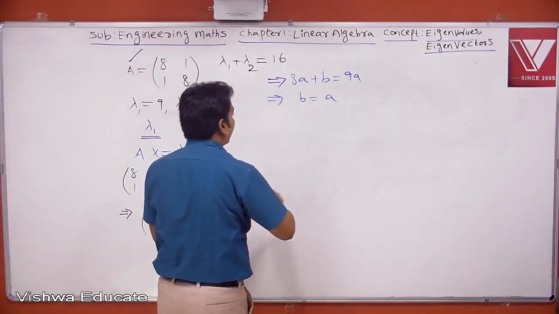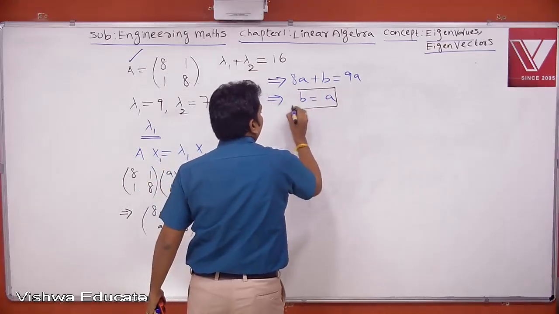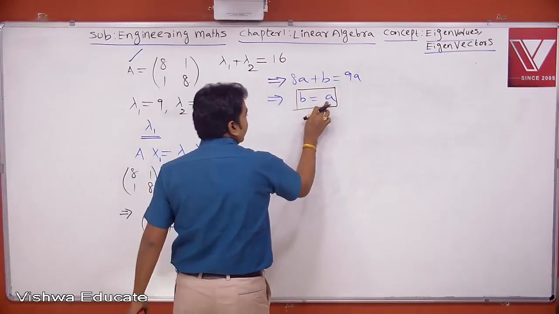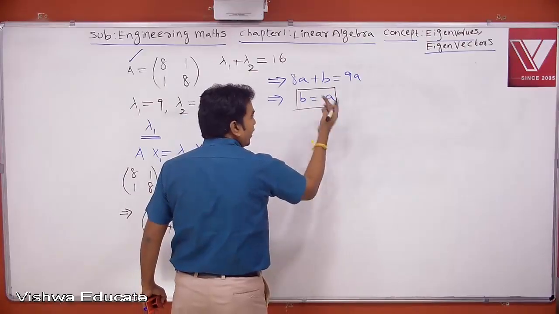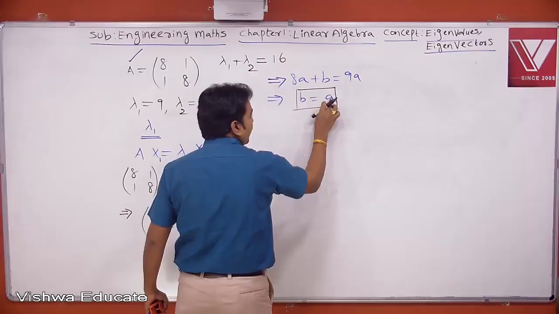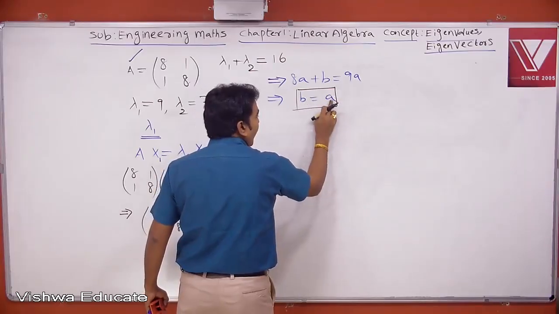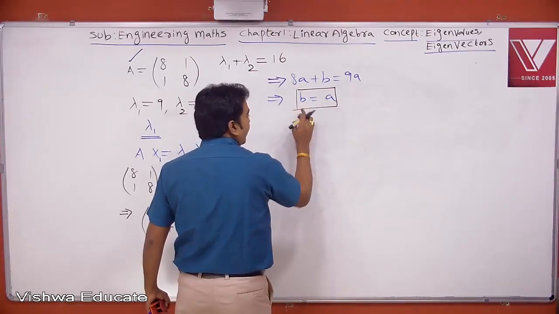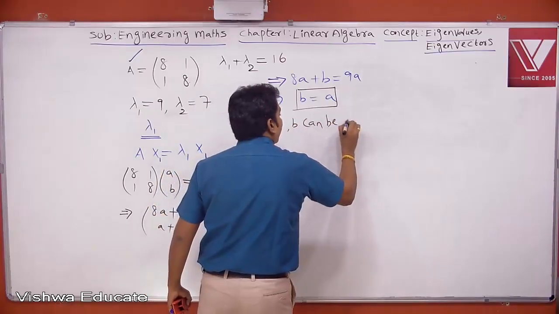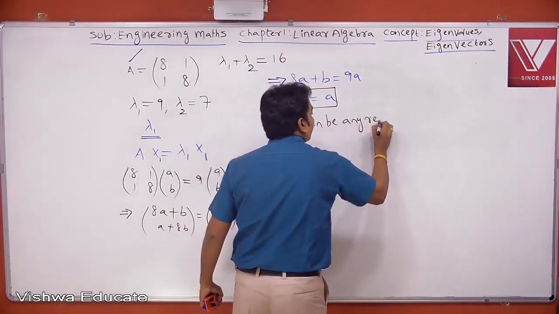So at this moment, we got B equal to A. That means you can assign random values. If I assign A value 1, B will be 1. If it is 2, this is 2. If it is 1 by 7, this is 1 by 7. If it is minus 6, this is minus 6. That means A comma B can be any real numbers.